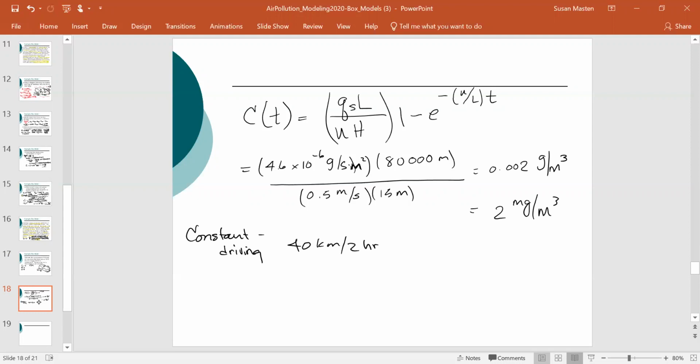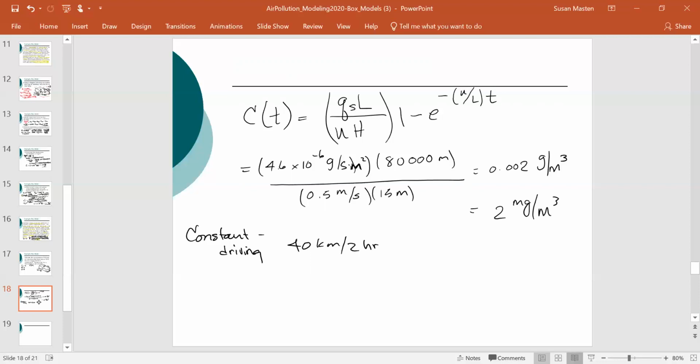That's per 2 hours, so we're assuming that on average they're driving the whole 2 hours. Same sets of assumptions that we had before, in terms of the constant mixing height, constant volume, etc.